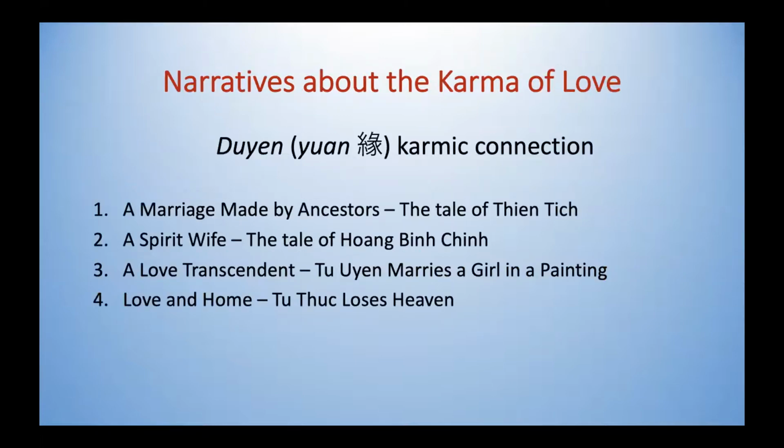For example, in the paper I've just published, I did a close reading of 4 stories and provided translations as well. And I analyzed the ways in which love is imagined as constituted by karmic bonds over lifetimes. I look at Taoist uses of the concept and Confucian uses.